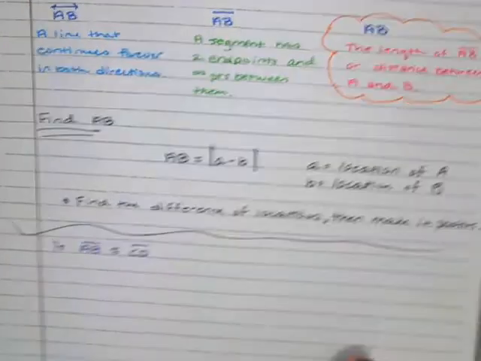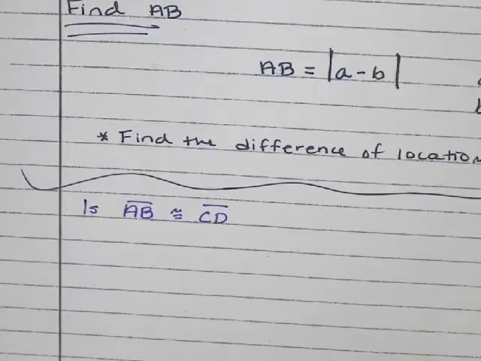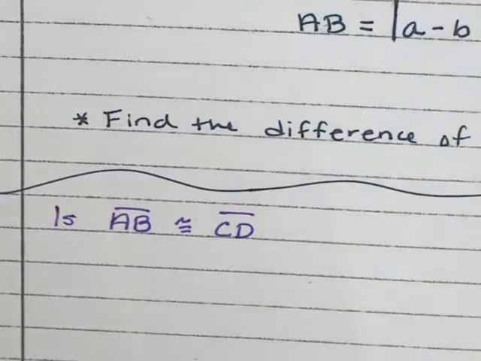Now that's a new symbol, so let me zoom in on that. A congruent symbol is an equal sign with a squiggle over top of it. We will use that symbol all year. It might look a little foreign right now, but trust me, after a couple weeks, you're going to be so used to a congruent sign, it'll be silly.